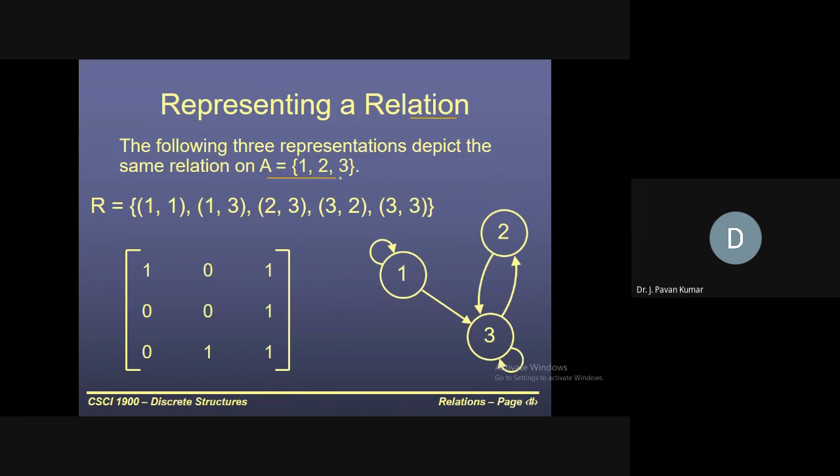Now consider A equal to {1, 2, 3}. Now we are having (1,1), (1,3), (2,3), (3,2), (3,3) as the relation. Is this equal to the Cartesian product? Last question.